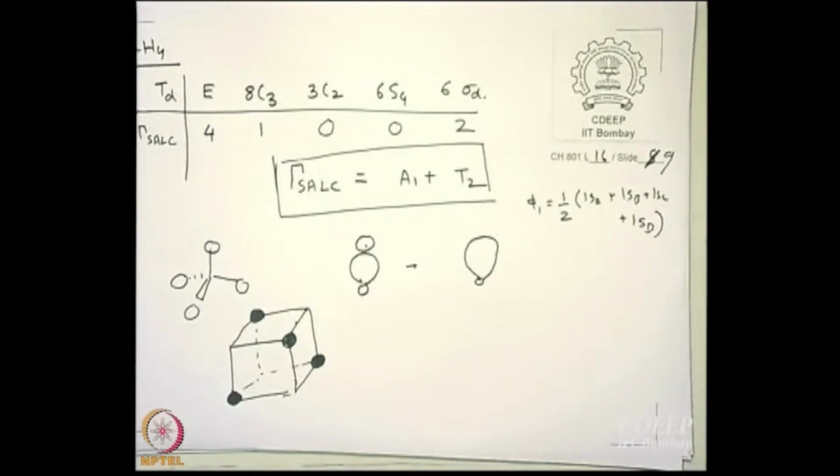Because 1sA, 1sB, 1sC, 1sD are all normalized to 1 and they are an orthonormal set, you get 4C square equal to 1. So, C square is 1/4, C is half. You get 1 by root 2 when you combine two wave functions. Fine. So, phi 1 equals half and everything is plus.